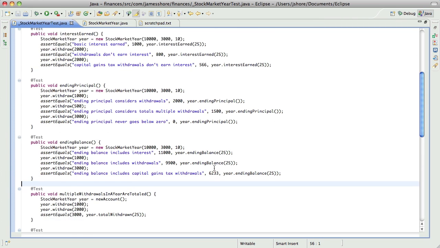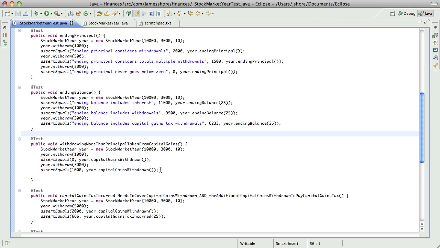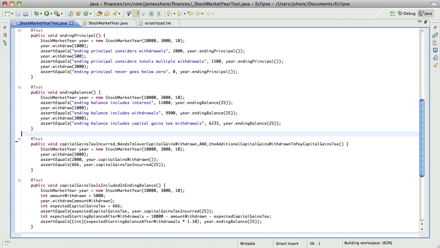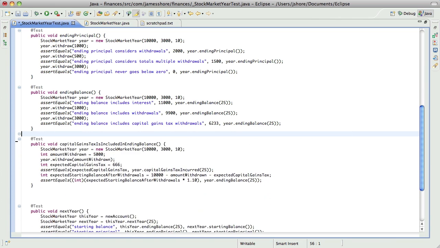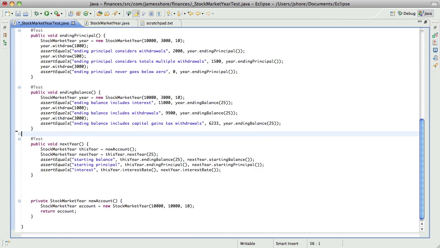6233. Okay, and the multiple withdrawals we're already covering. Withdrawing more than principal takes from capital gains. I mean, we're covering that. Capital gains, yes, we're doing that one. Capital gains taxes, including payment balance, yes. There we go.